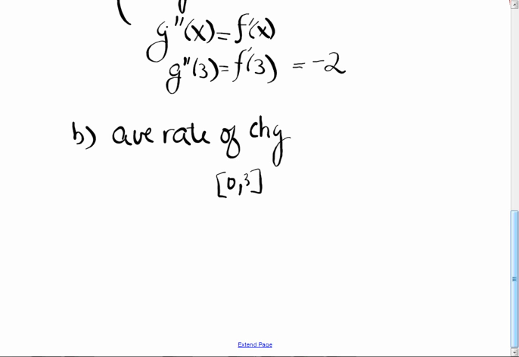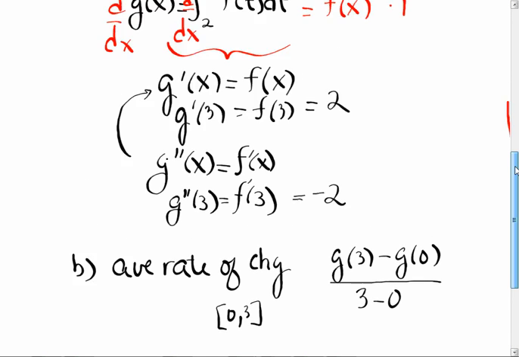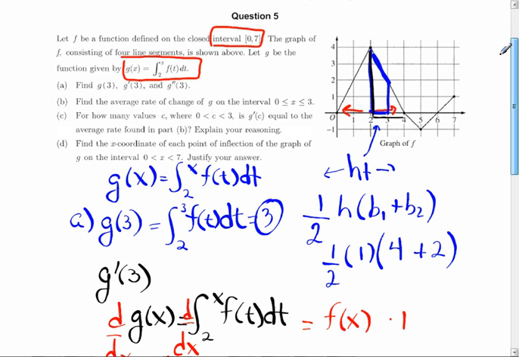So I'm finding G of 3 minus G of 0, all divided by 3 minus 0. And remembering, when I look from 0 to 3, the mean value theorem will not apply to F. It could apply to G. If you tried to do the mean value theorem on F, it would not apply.